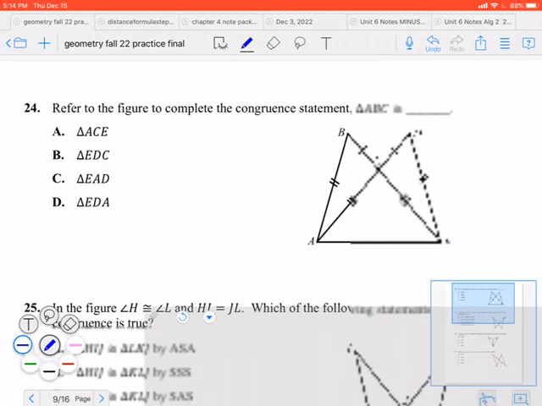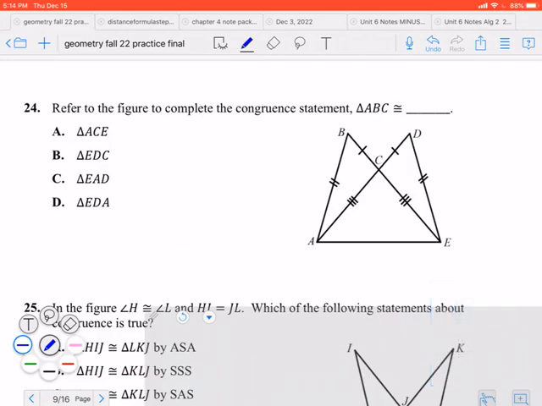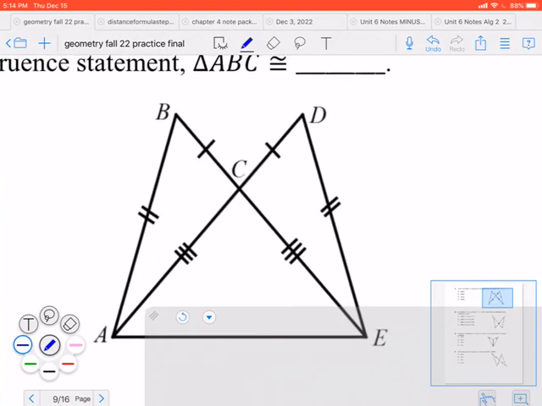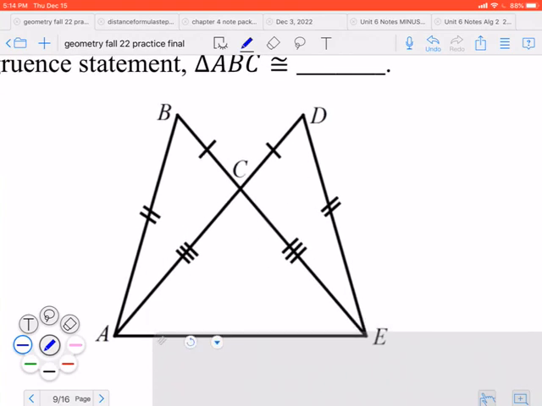Number 24. Refer to the figure to complete the congruent statement. Triangle ABC is congruent to... All right, let's look and see what we have here. I'm going to highlight triangle ABC. Where's the triangle here that's congruent? I'm just going to notice the markings.